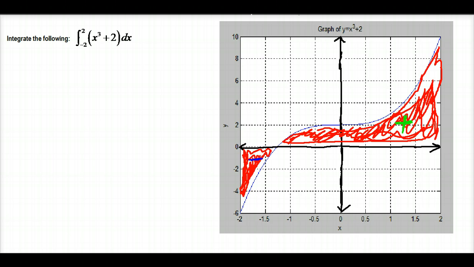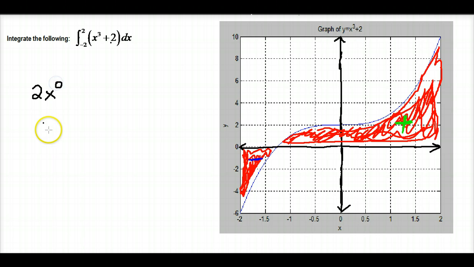So when we do this, the first thing that we note is that we have two functions added to each other. And so we know how to deal with the integral of a power function, and the way that we deal with the integral of a constant is that we have to remember that if we have a constant, that's the same as having that constant multiplied by 1.